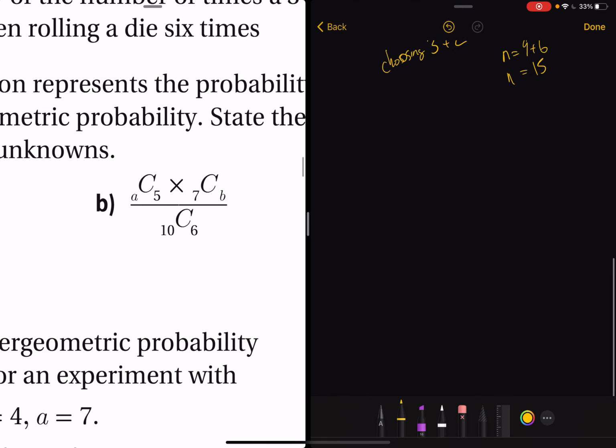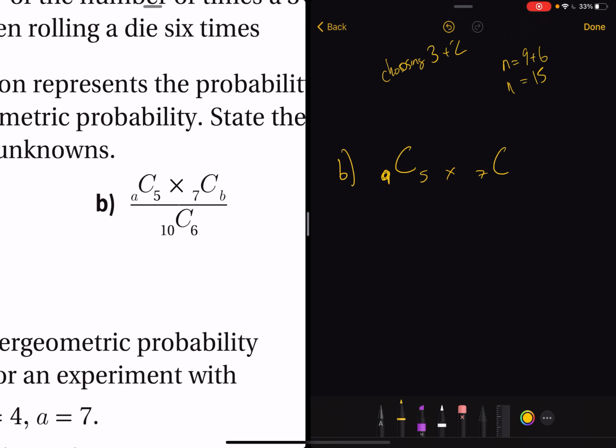Okay, so let's take a look at this B section. We have the number of successes and the number of failures. So I'm trying to find this number of failures over 10 choose 6. So how many failures do we have? We have 7 potential failures.